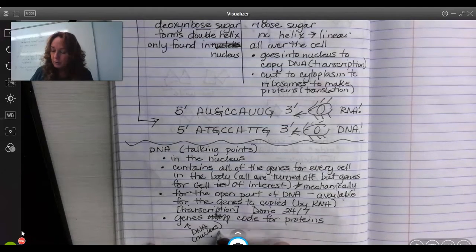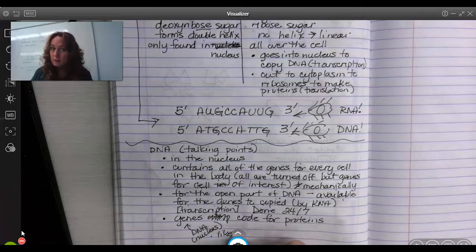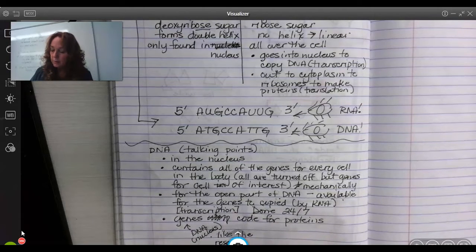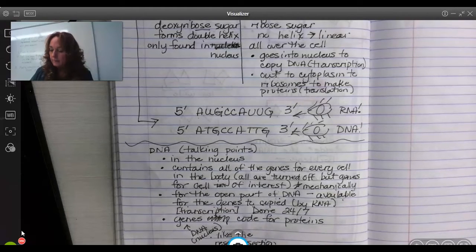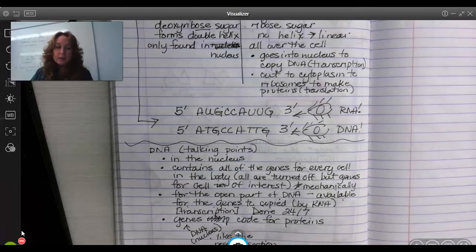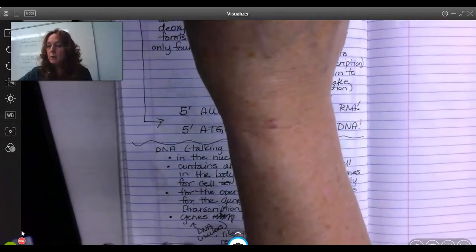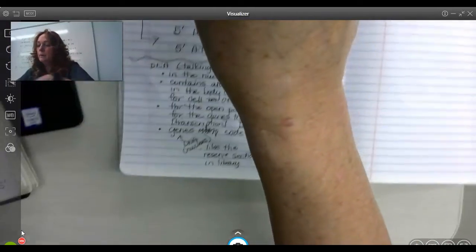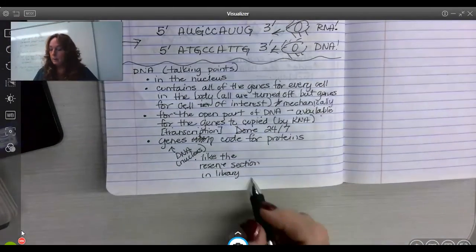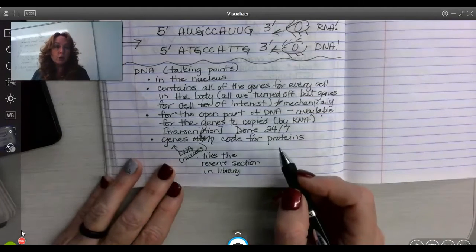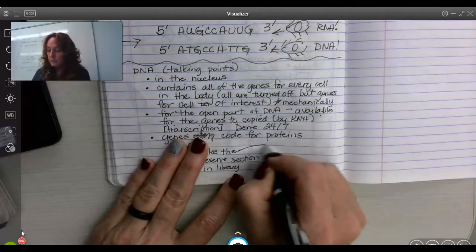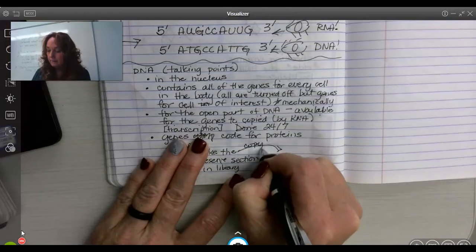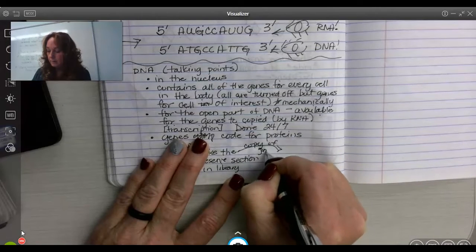So we're going to put, like the reserve section in the library, because it's too important. Like the reserve section in the library, you can use it, but you've got to make a copy. So you're going to have to make a copy of the gene.